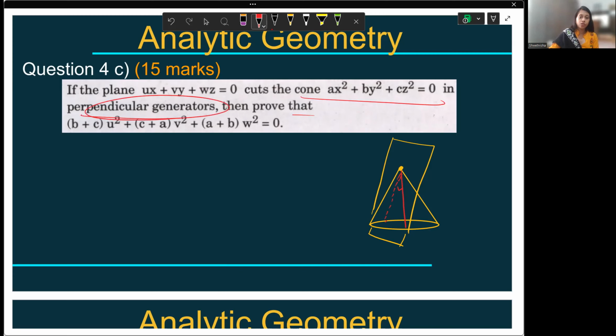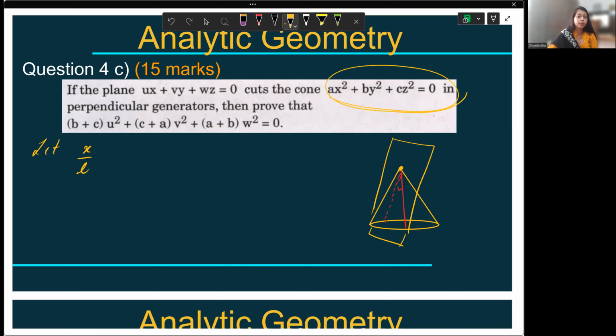So if the plane cuts the cone in perpendicular generators, then you have to prove a relation. Now what I'll do is let x by l, see, the plane passes through the vertex, only then it is possible. Plane passes through the vertex means these two lines also pass through the vertex. And what is the vertex? As you can see from the cone, the vertex is 0, 0, 0.